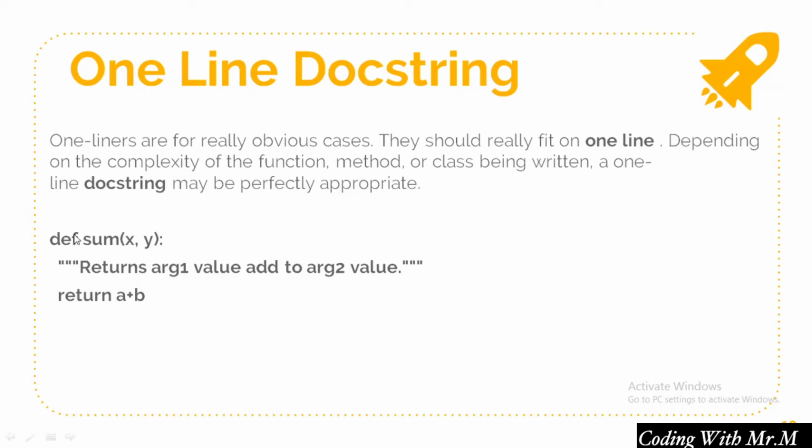For example, we have the function sum, and the docstring will be: Return arg1 value added to arg2 value. So right after the function definition, we have a docstring which describes the purpose of this function in a single line.